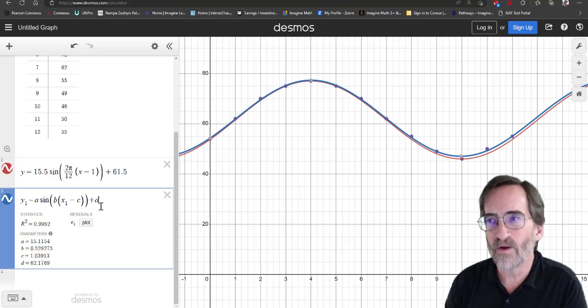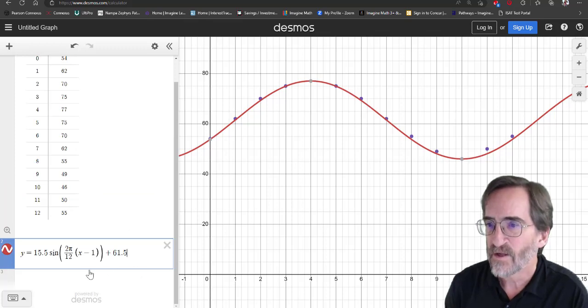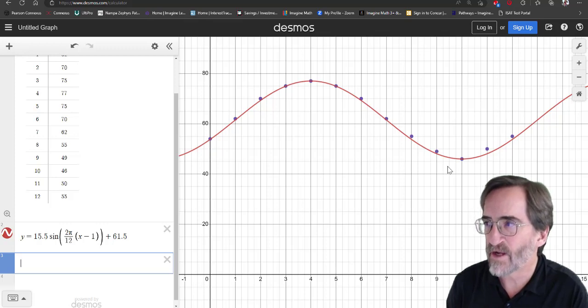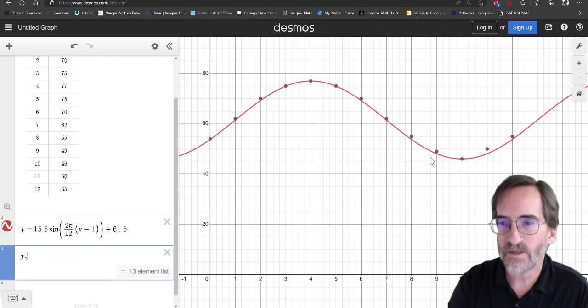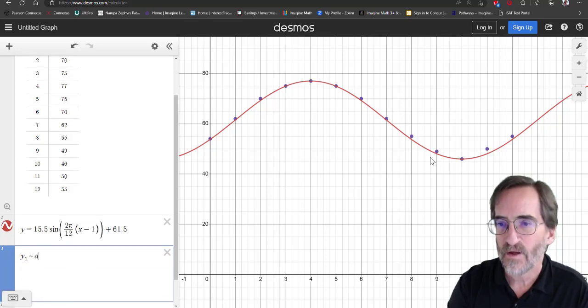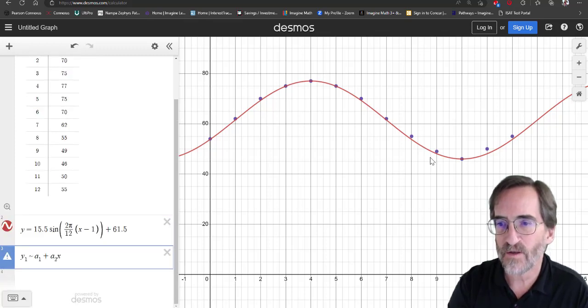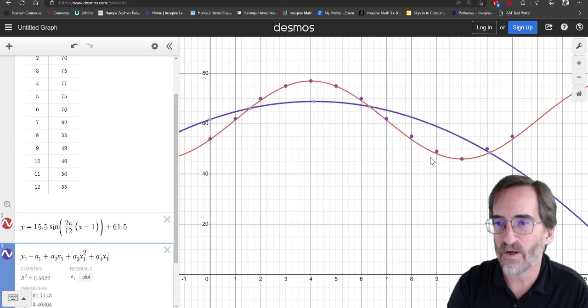Now, I want to show you one more way here. I could have tried to fit this with some other function. For example, maybe I would determine it goes up, it goes down, it goes back up. Maybe it's cubic. So I could do this. y1 takes the value of a1 plus a2 x1, that's linear, plus a3 x1 squared, that's quadratic, plus a4 x1 to the third.